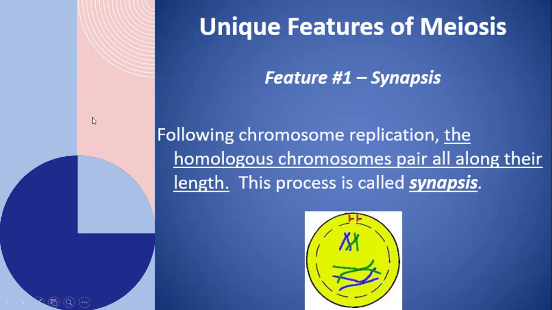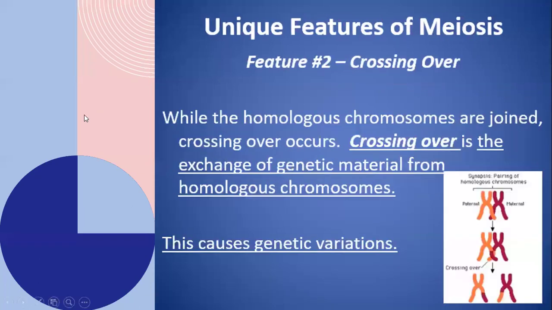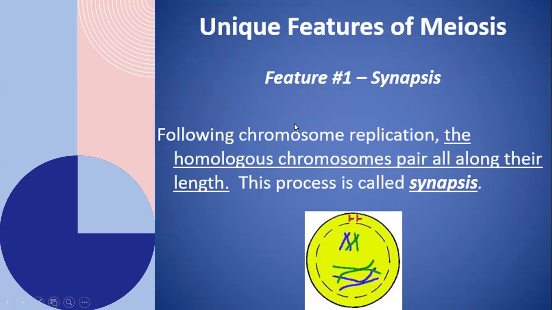So what do we find unique about meiosis? Okay. So the first unique feature that happens in meiosis is referred to as synapsis. So in a synapsis, we have homologous chromosomes pairing up.